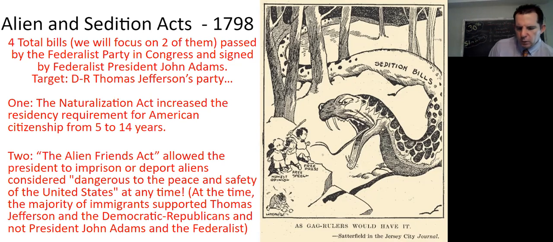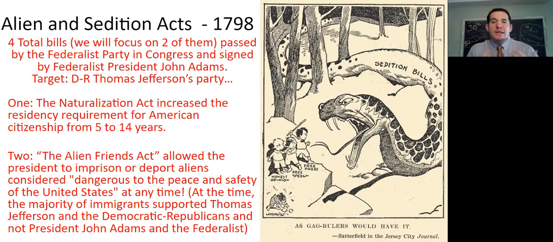So what's going on here? Well, you had this group called the Federalist Party, and the Federalist Party had some policies that they implemented, because what the Federalist Party realized was during this time, the people that were immigrating to the United States were becoming Democrat Republicans, all right, from the other political party.